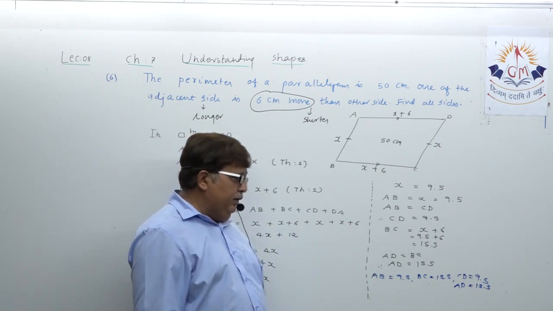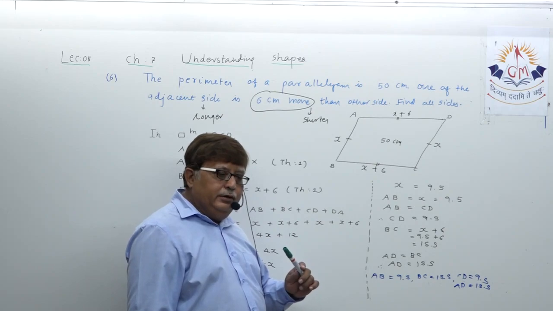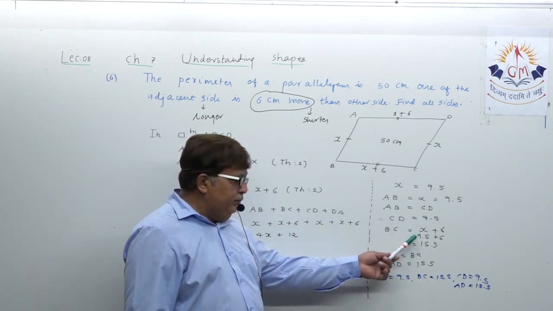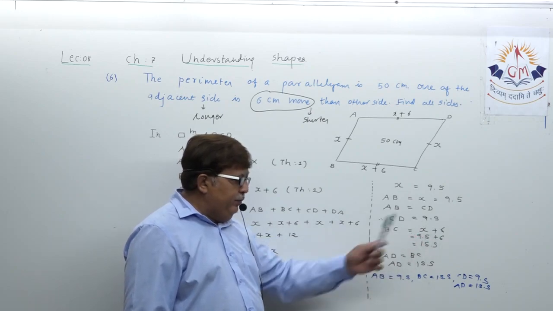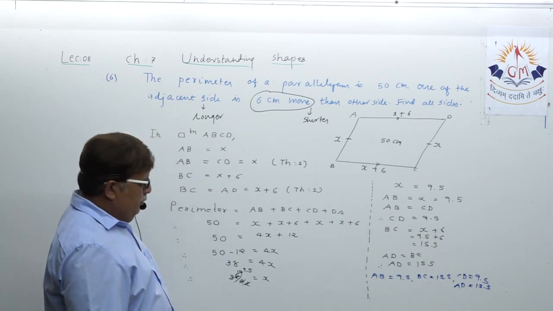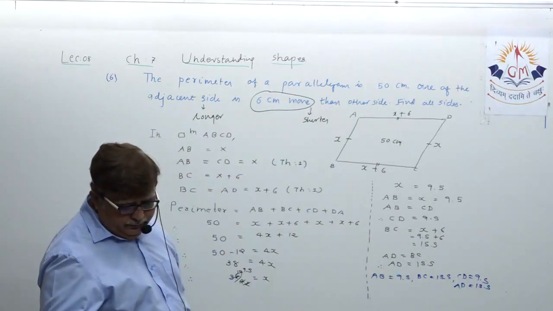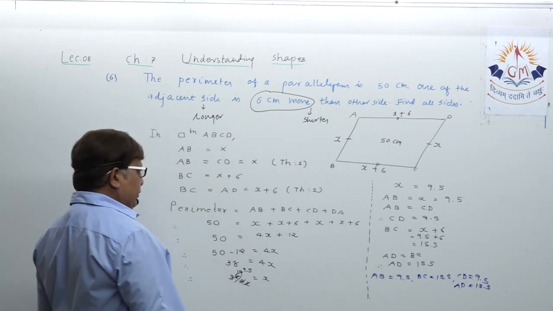BC equal to x plus 6. See, dear student, no mistake here. I want from your part in substitution 9.5 plus 6, and you got all sides. Understood? So, one more example I want to give you.